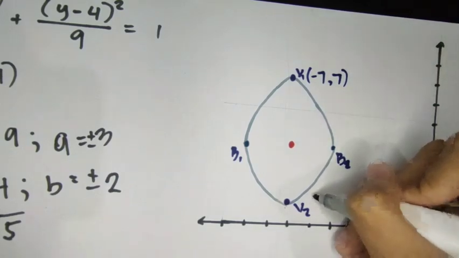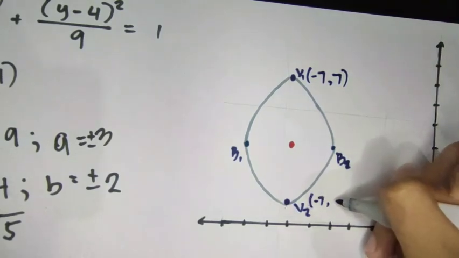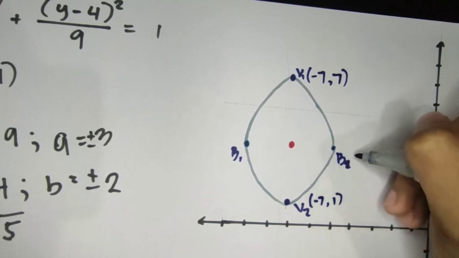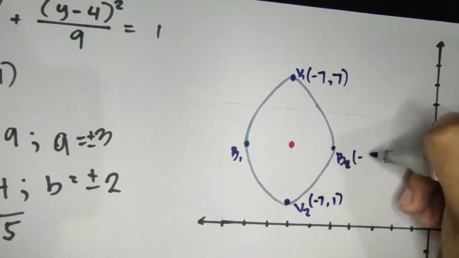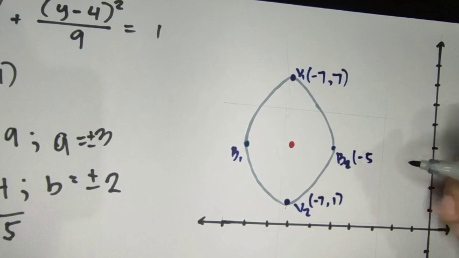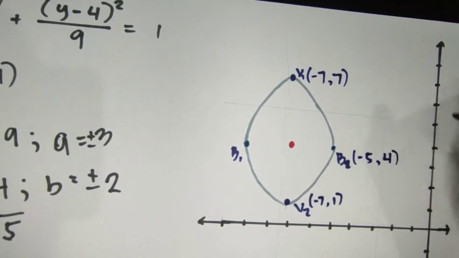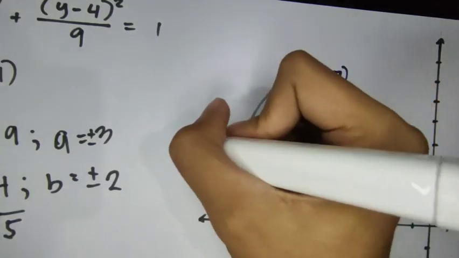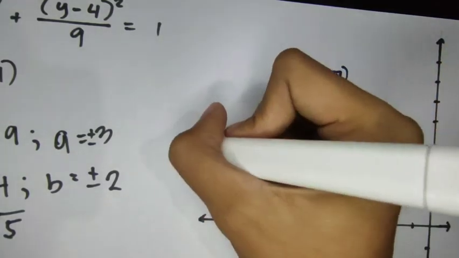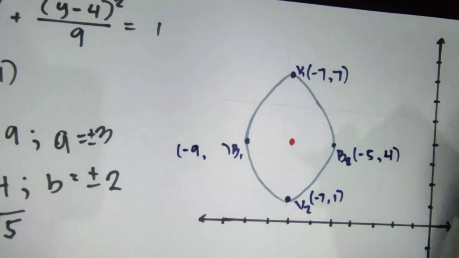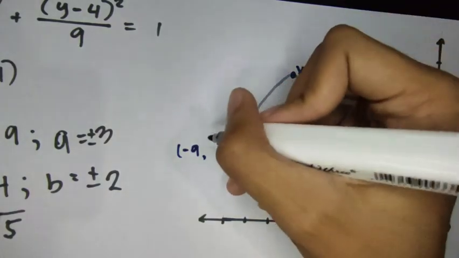For our v2, it will be -7, +1. For our b2, it will be -5, 4. For our b1, it will be -9, 4.